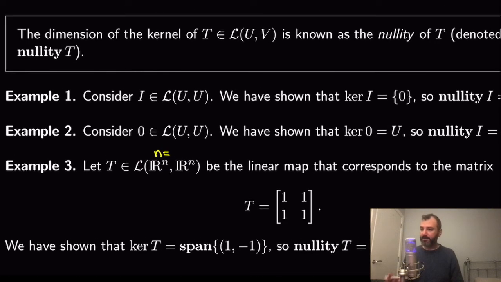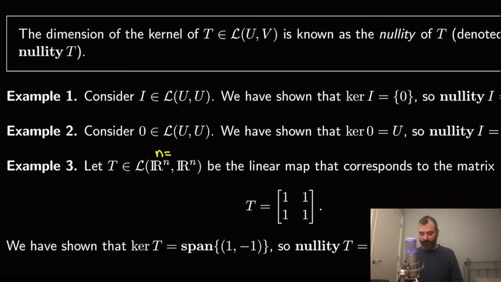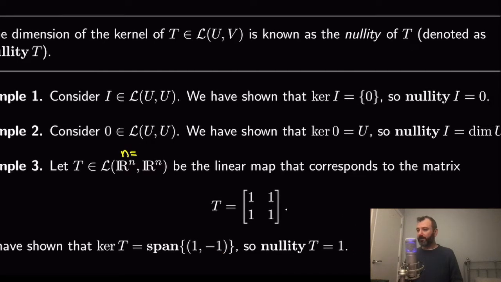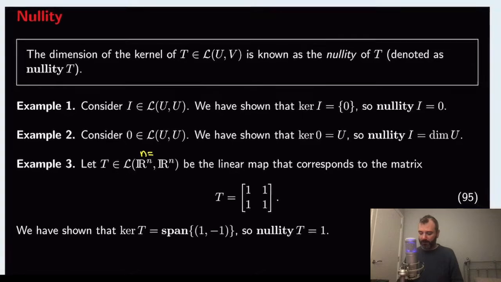Say that this is the linear map that corresponds to the matrix 1, 1, 1, 1. Yes, we've seen this before. We showed that the kernel of T is the span of a single vector. So what is the dimension of the span of a single vector? It is 1. The nullity of this matrix is equal to 1.